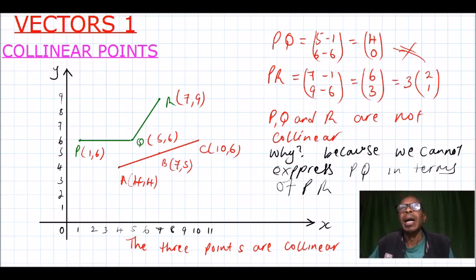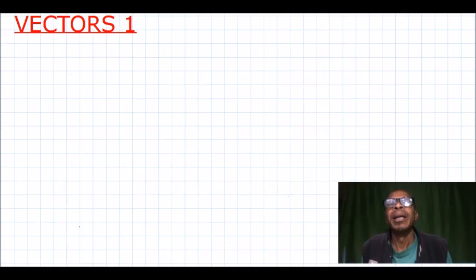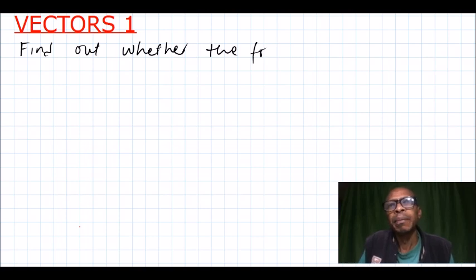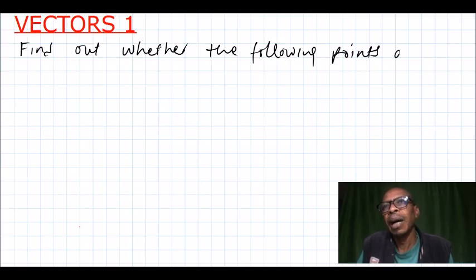I hope that one is clear on collinear points. We can try some other points. Let's say we have now, without the Cartesian plane, how can we show that 3 points are collinear? So we can say, find out whether the following points are collinear.